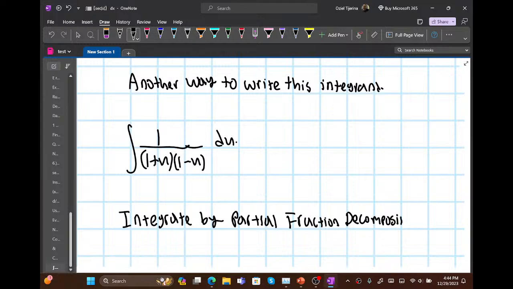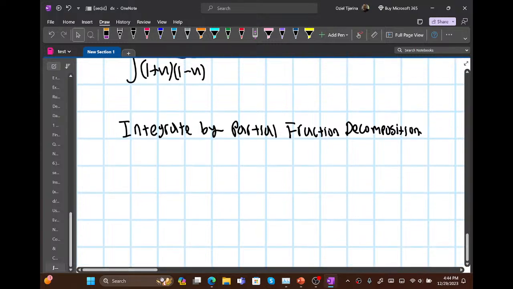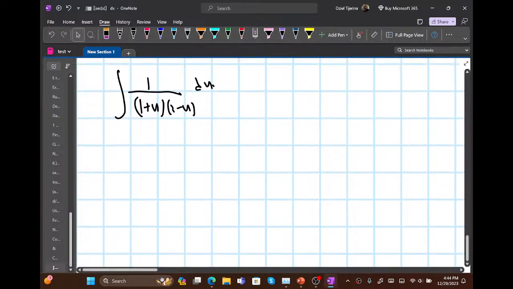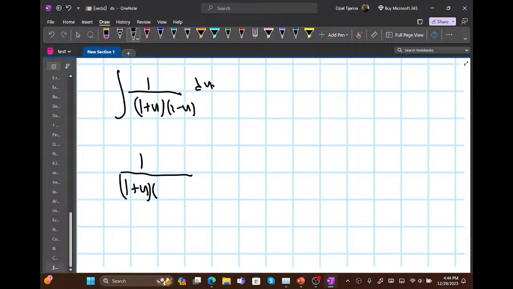Okay, guys. So here we have the integral of 1 over 1 plus u times 1 minus u du. If we actually do this, 1 over 1 plus u times 1 minus u is going to be equal to, and the way that I usually do this, guys, I know a lot of people use systems of equations.